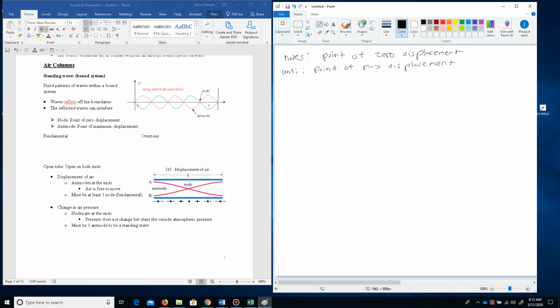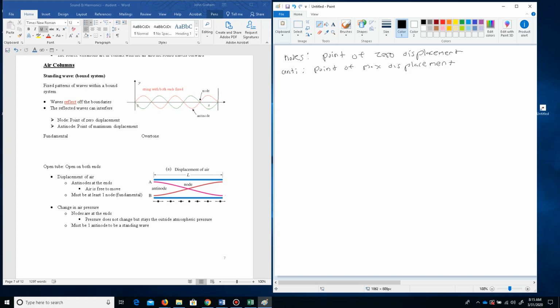If we have a bound system, the wave for sound will reflect off the one end and reflect back towards the beginning, and it'll just continue.